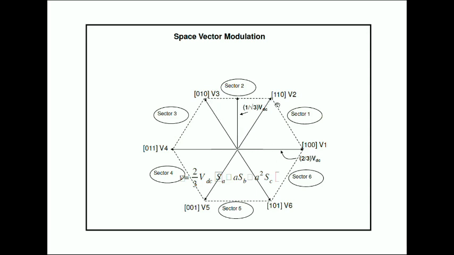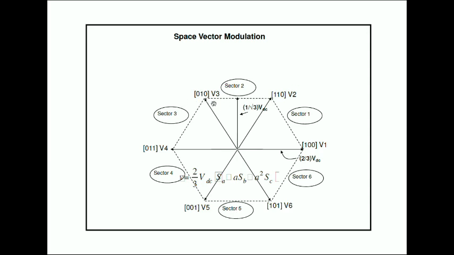If you go for this trapezoid, then you will get this vector like this. It will have a magnitude of 2 by 3 VDC, and a 60-degree phase displacement with the horizontal one. So you can represent this 110 like this.